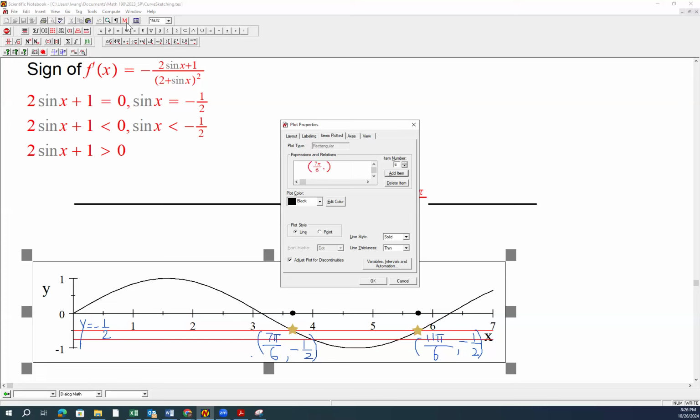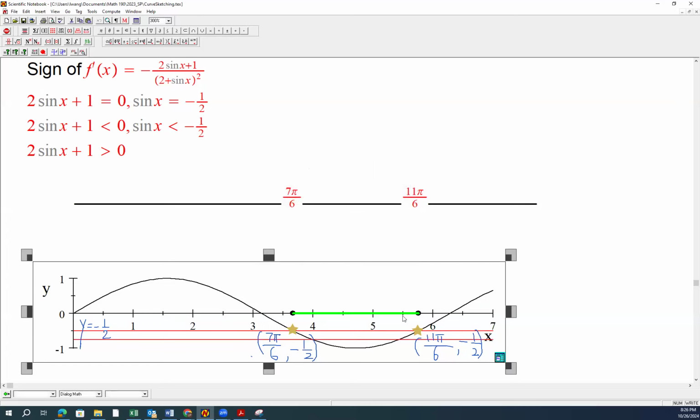Comma 0, comma 11 pi over 6, comma 0. All of these angles, I'm going to show you with green thick.